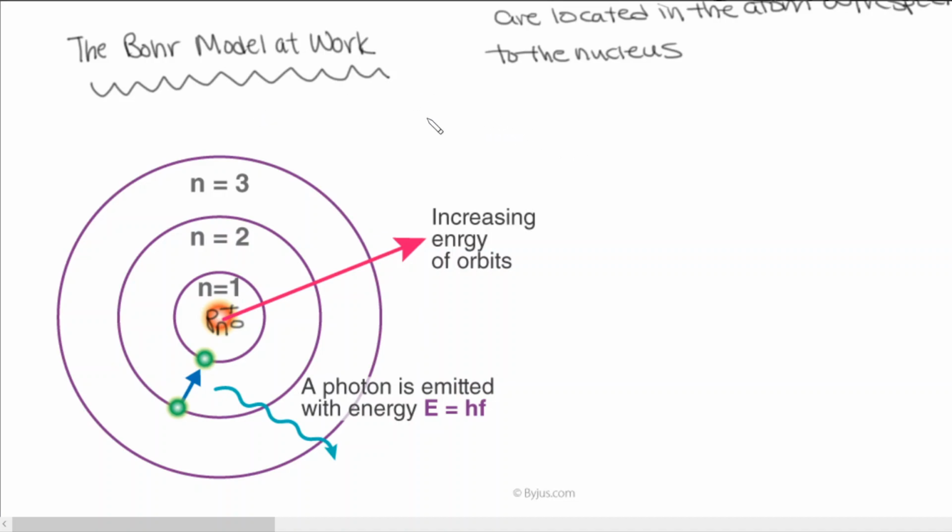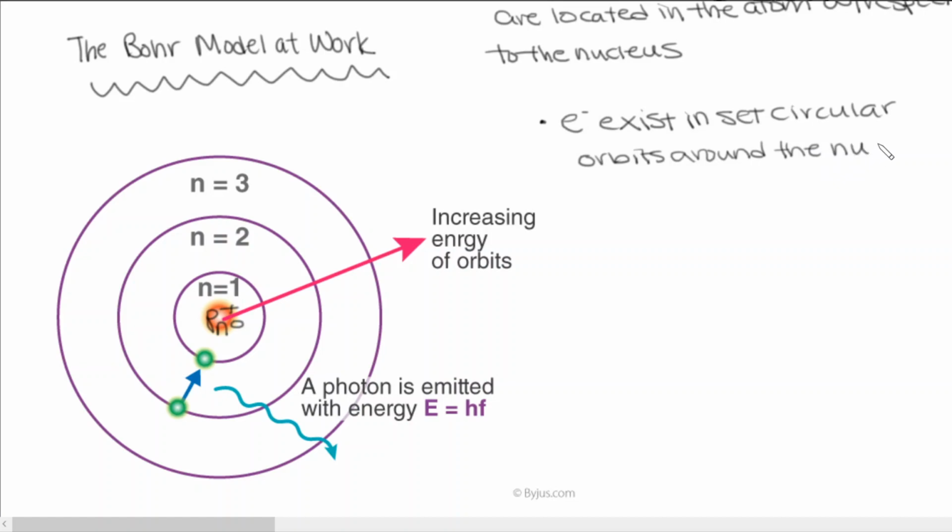So the first bullet point about the Bohr model is that the electrons exist in what we call set circular orbits around the nucleus. And he numbered those orbits according to their energy level.